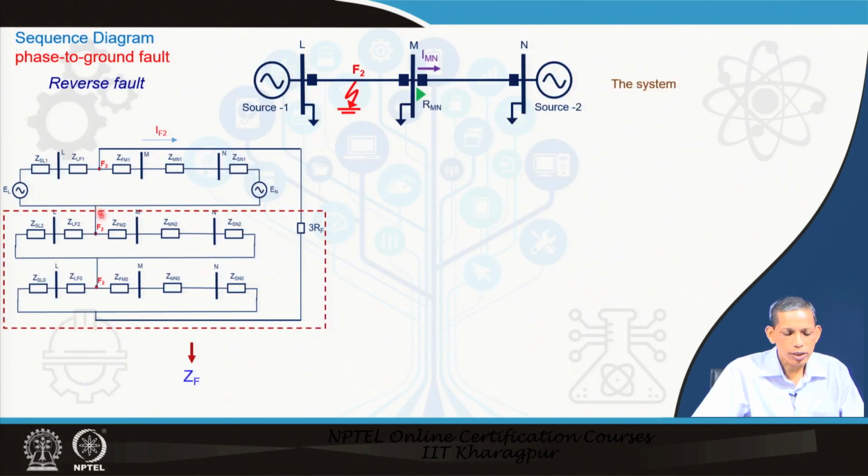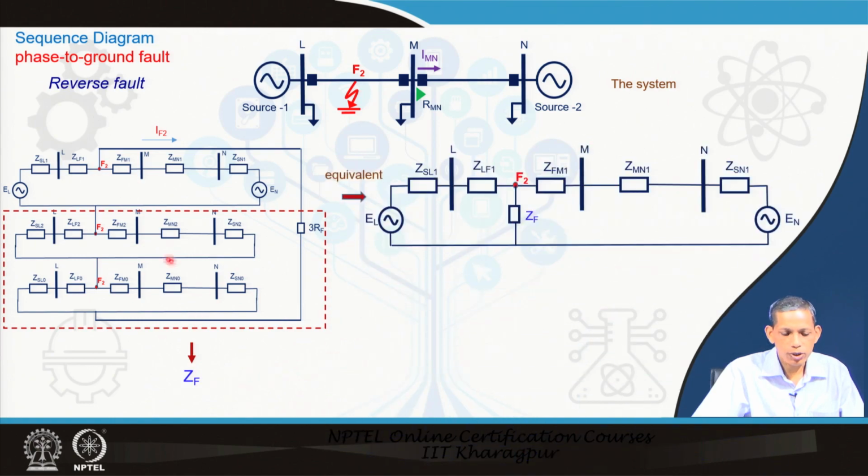So, we say that if you take the equivalent of this passive portion as Z_F, then the corresponding equivalent of this network becomes like this, what you have seen for the 3-phase network. This is the phase to ground fault connection, series connection of positive, negative and zero with 3R_f.